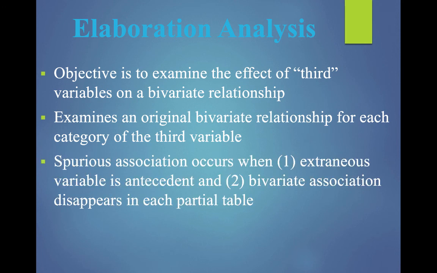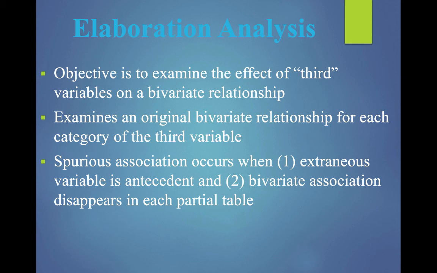And so as a result, spurious association can occur when one extraneous variable is antecedent and bivariate associations disappear in each partial table. Another way to put that is the difference between replication and explanation.